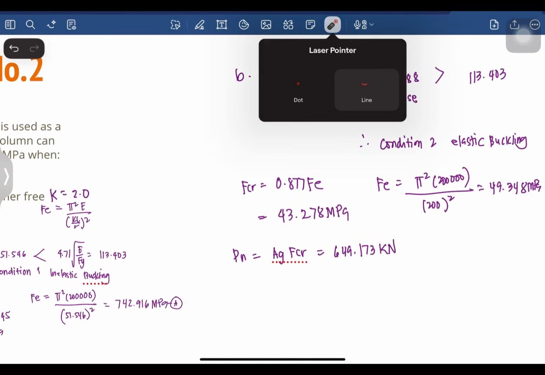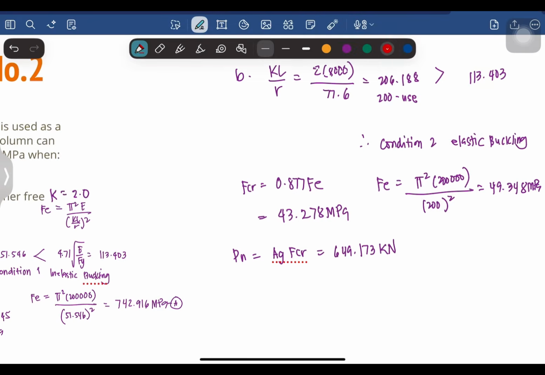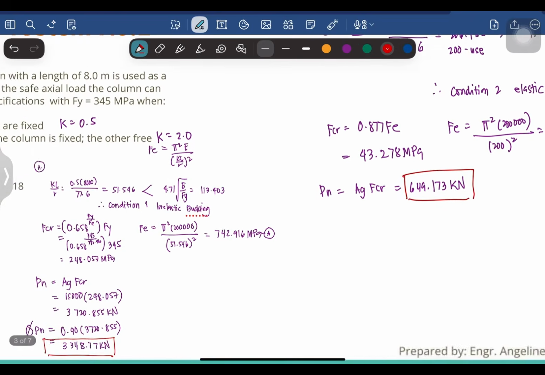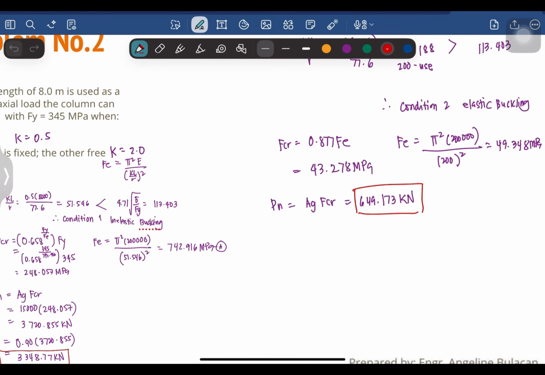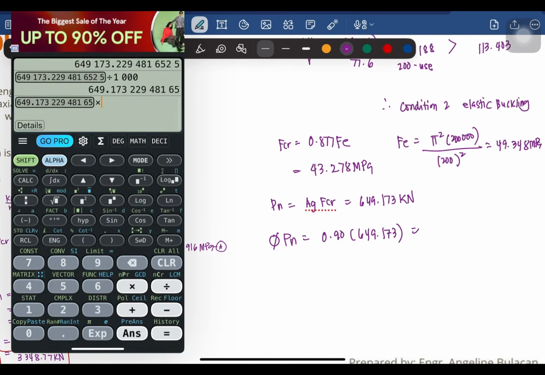So hindi na niya nare-reach yung full capacity niya. So masyado nang mahaba yung column. Hindi pa to final, since we need to use the design philosophy. So times the reduction factor, 0.90 times 649.173. So mas hihina pa siya. Times 0.9, so 584.256 kilonewton. So this is the final answer.